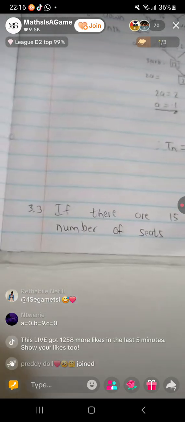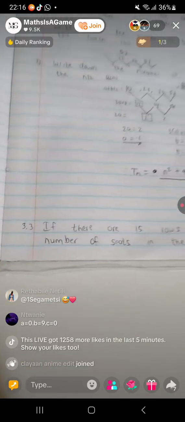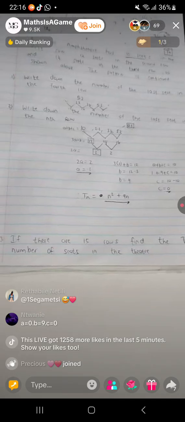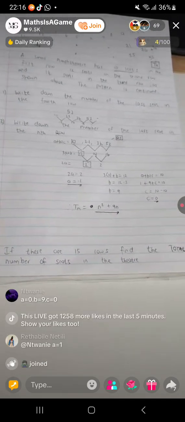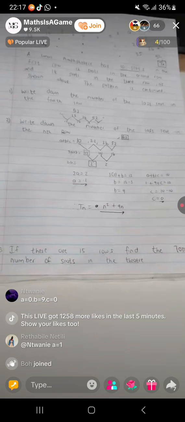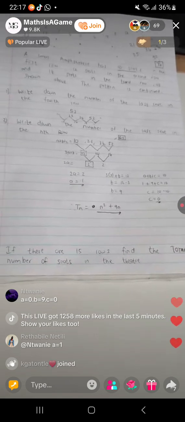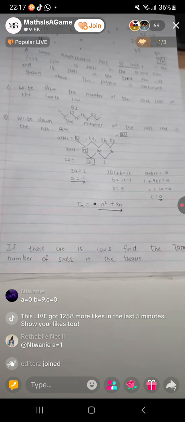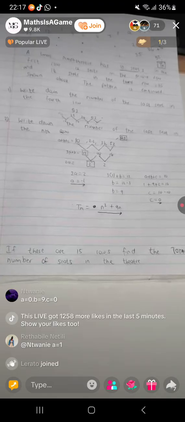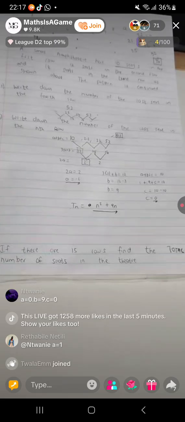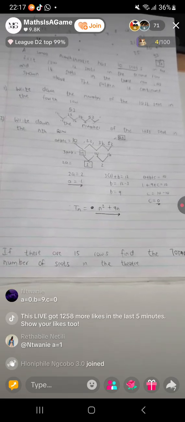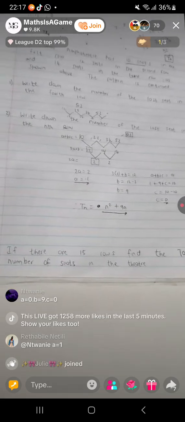Then the last question says, if there are 15 rows, find the total number of seats in the theater. I repeat, if there are 15 rows, find the total number of seats in the theater.